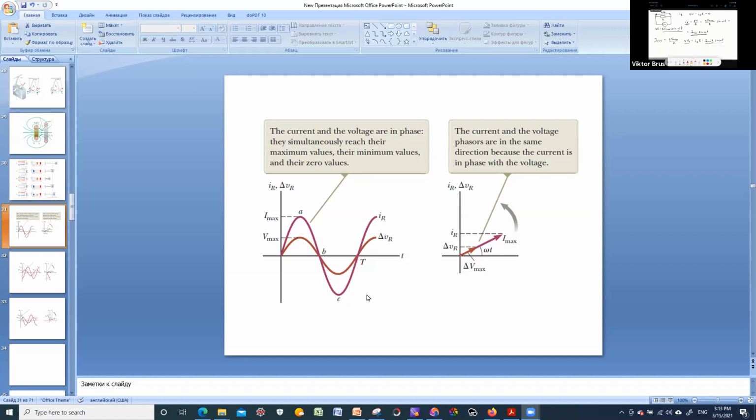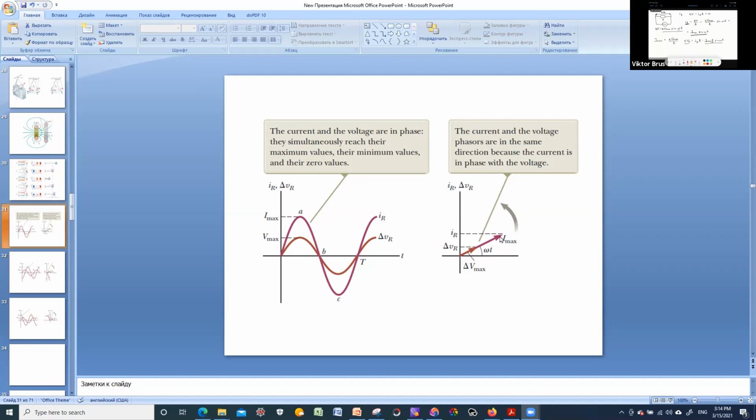alternating current power source. On the right side, you can see so-called current and voltage diagram with these phasors. So phasors are vectors whose magnitudes are proportional to the quantities which they describe.